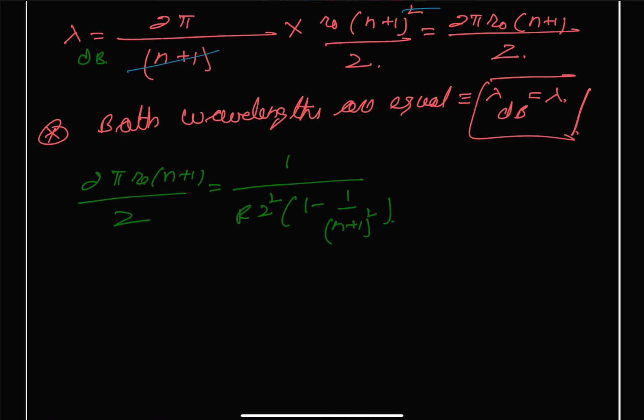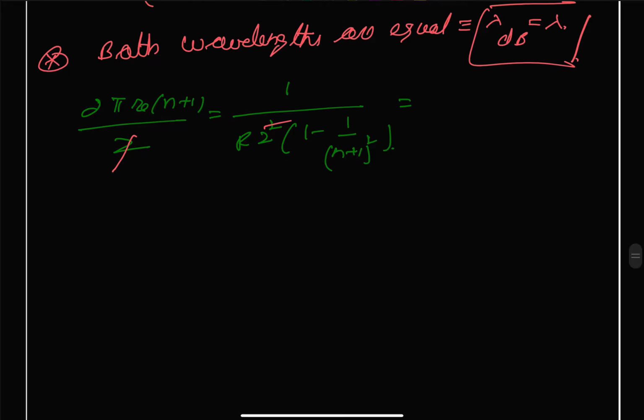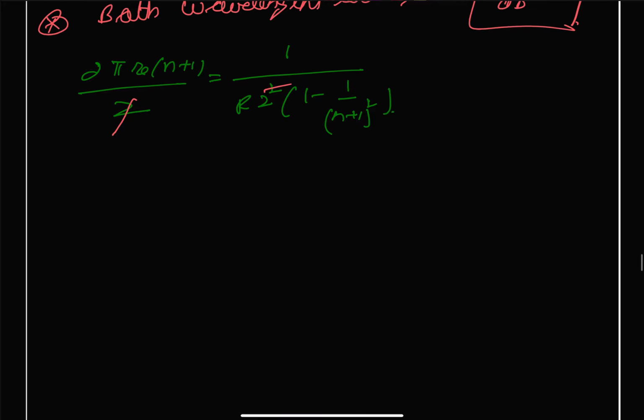And here this z and square goes away, and on the right side we can just manipulate it. Okay, let's multiply it.